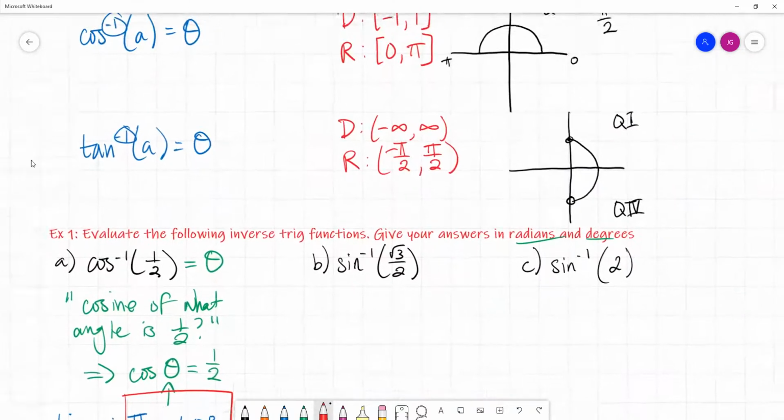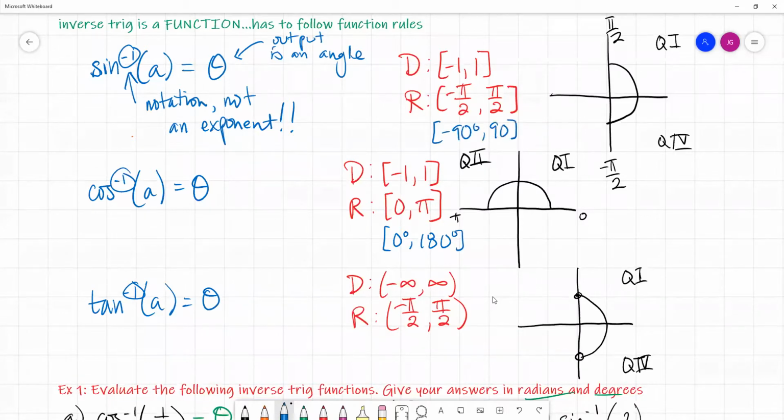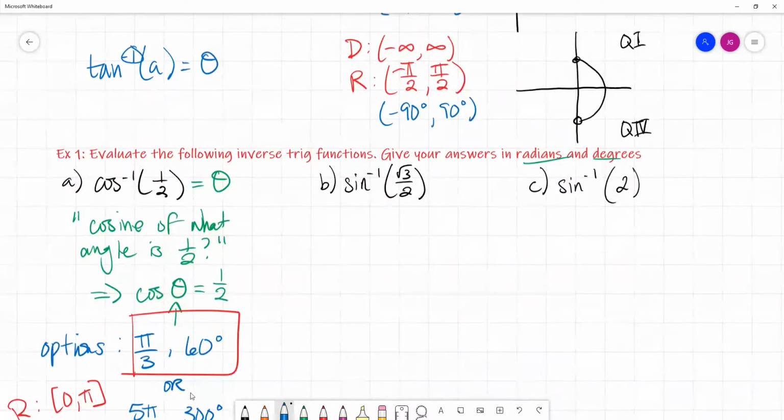If you want to, you can go back and underneath each of these little ranges, rewrite them using degrees if you still need a little help. So this is 0 degrees to 180 degrees. This one is negative 90 degrees to positive 90 degrees. And same thing for this one, just using parentheses. If this helps you because you're still working on being fluent between radians and degrees, then please write that, because I'm going to ask you for both units anyway.